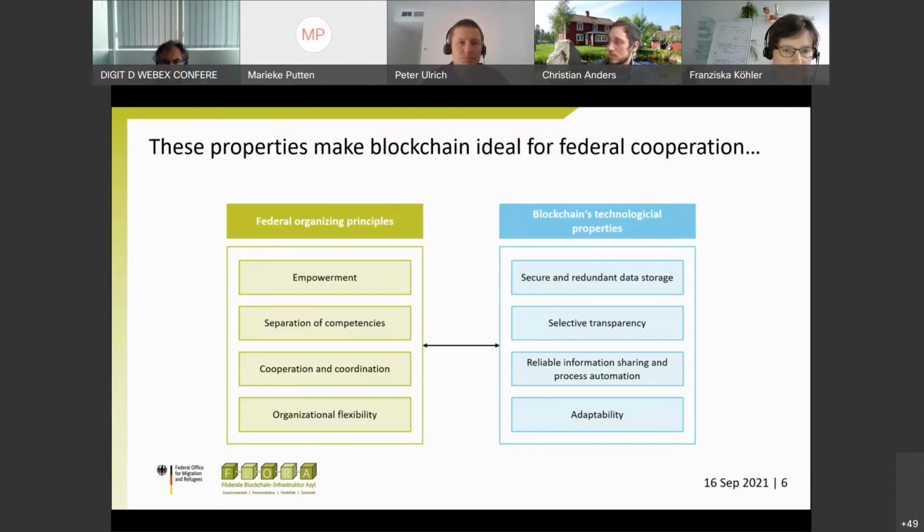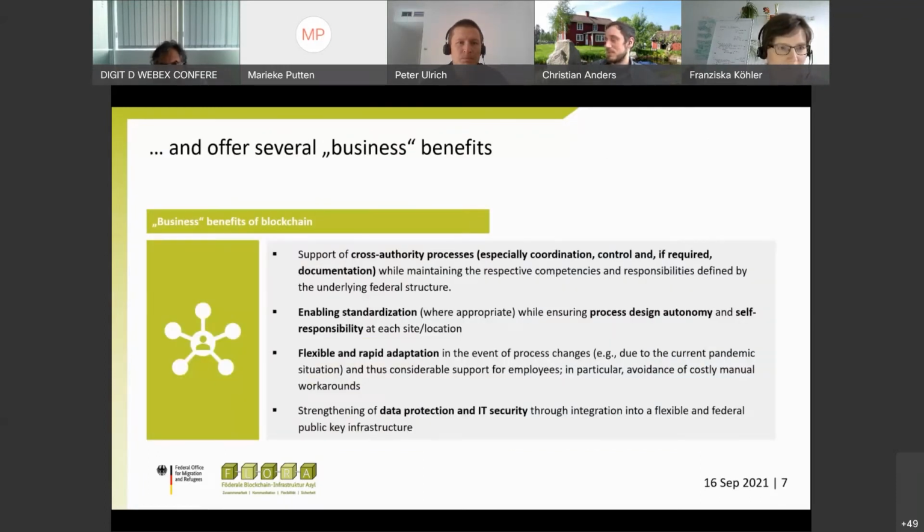Since we have secure and redundant data, the transparency I talked about, the adaptability, and the reliable information sharing, they fit very well to those properties. We have not just technical benefits which fit the organization, we also have business benefits.